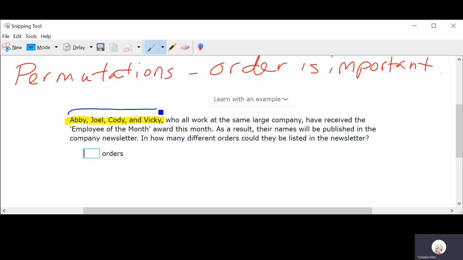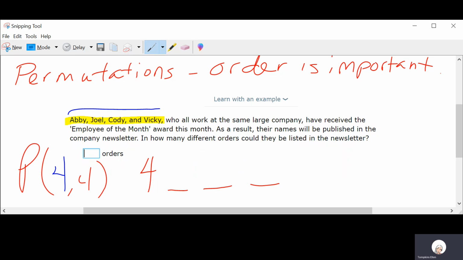But if you just want to know the total different ways you can write it, you would do this. There's 4 of them, so you would start with the number 4. We want all of the orders. What that means is you're going to start with the number 4, and you're going to go all the way multiplying a certain number of times.